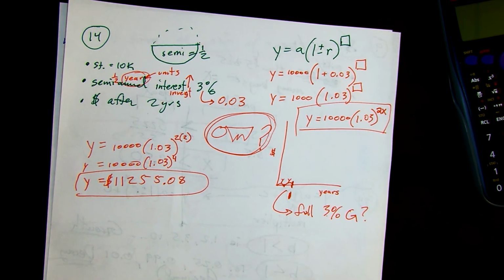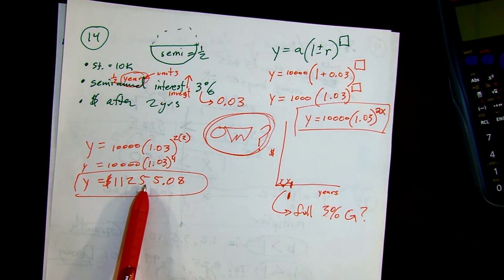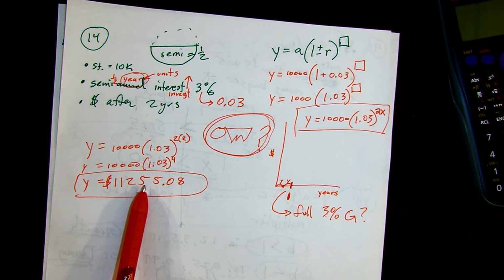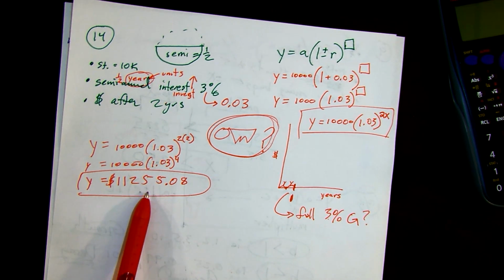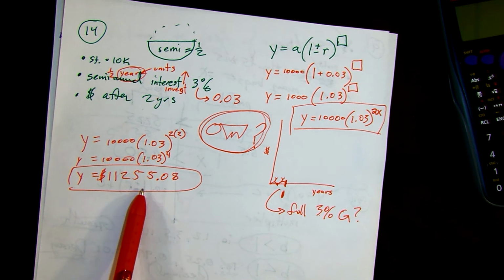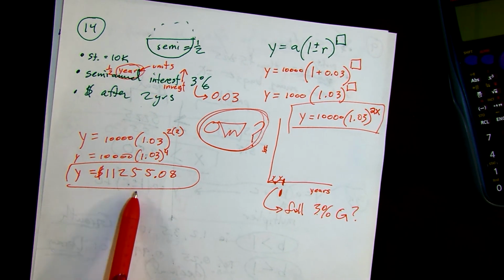So, oh, bummer. Okay, let me think about it outside of math here. 3% growth every half year, so we're going to get 4 of those growths. No, it wouldn't be 1/2 though, because it's semi-annually, so we had 2 growths by that time.